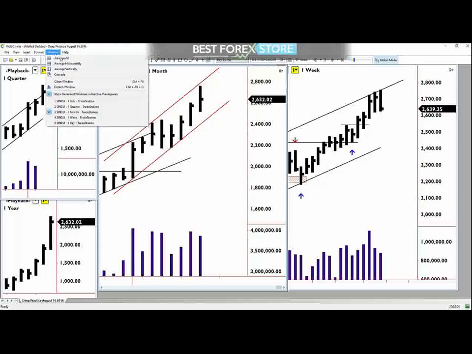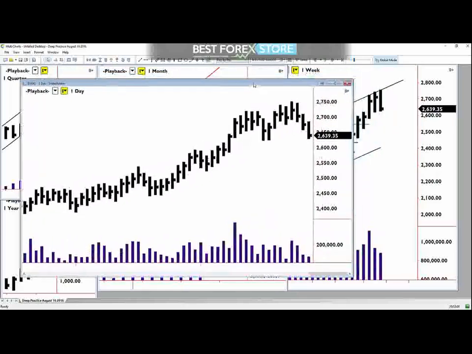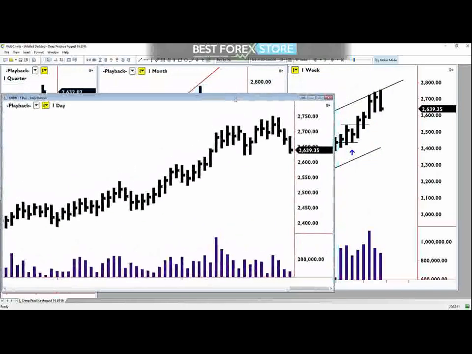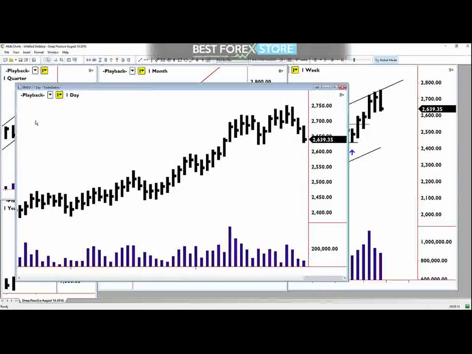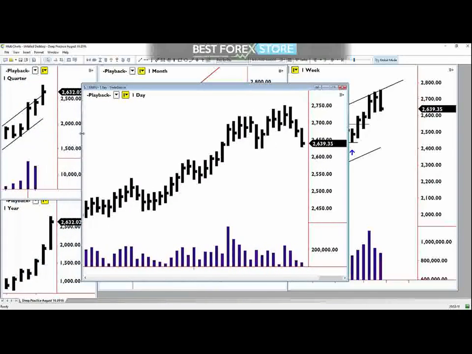So now let's see if I can do this without too much craziness here. Let's see if I can bring in the daily chart in here.